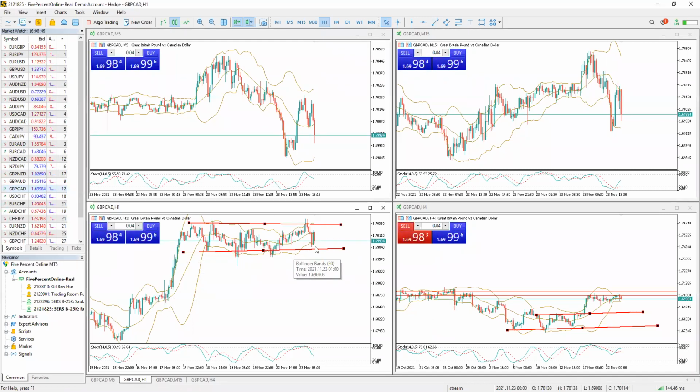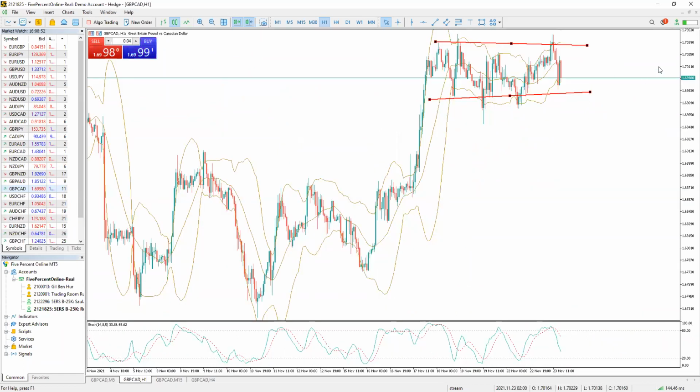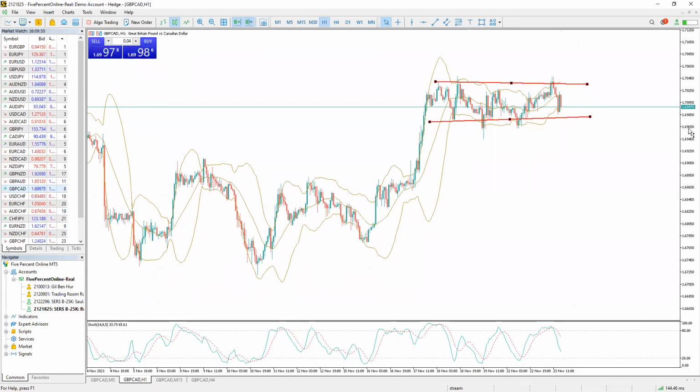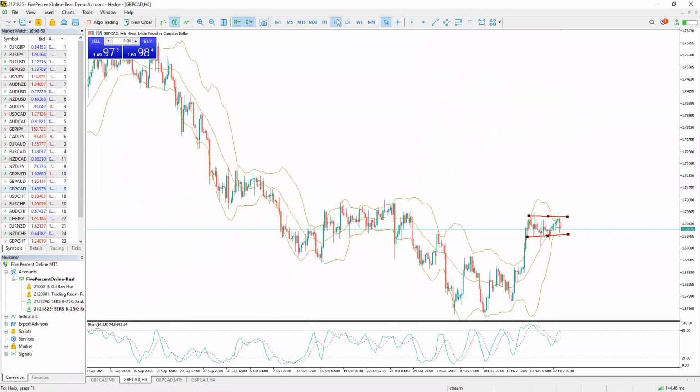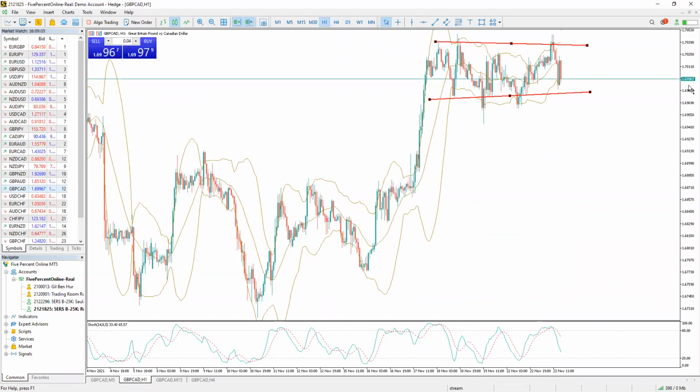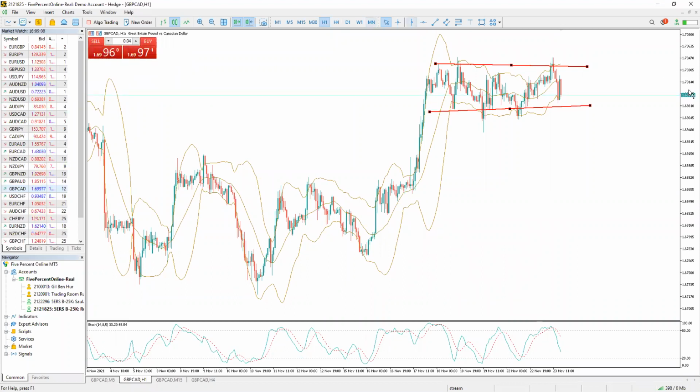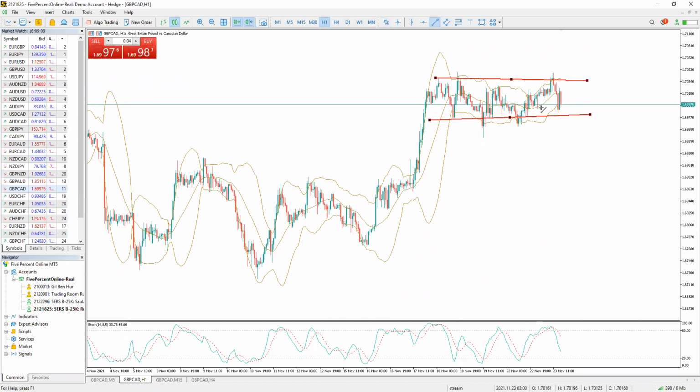Either the market can break this support and we can reach the lowest point, or the market can break above. I like to also see the second scenario: if we break above this consolidation, there is a high probability that we reach an even higher point. So here there are two types of scenario.